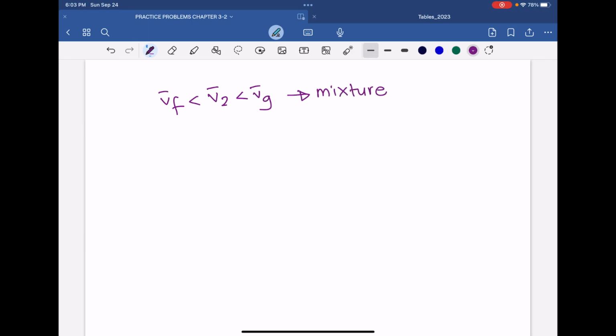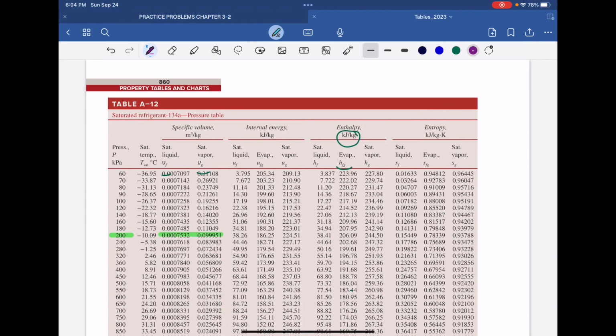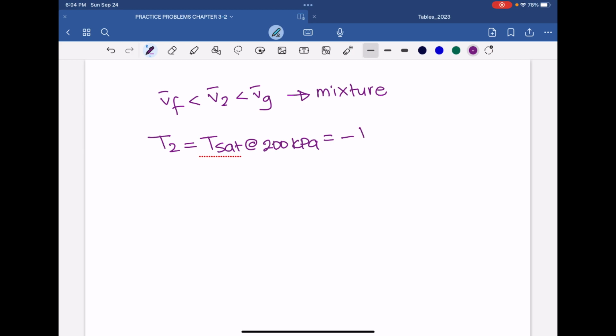Well, if you have a mixture, then you need to be at the saturation temperature at that pressure, because that's the only way there's a phase change. There's boiling going on, right? So the temperature is therefore the saturation temperature at that pressure, which is minus 10.09.